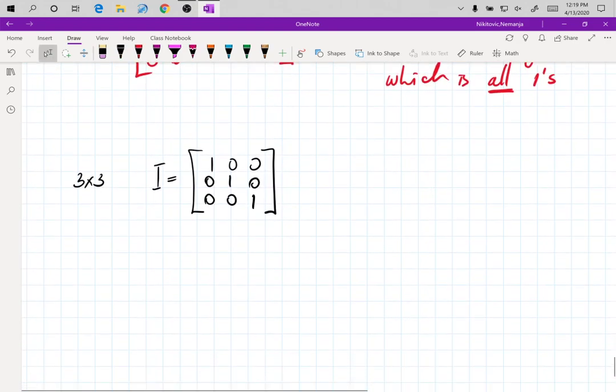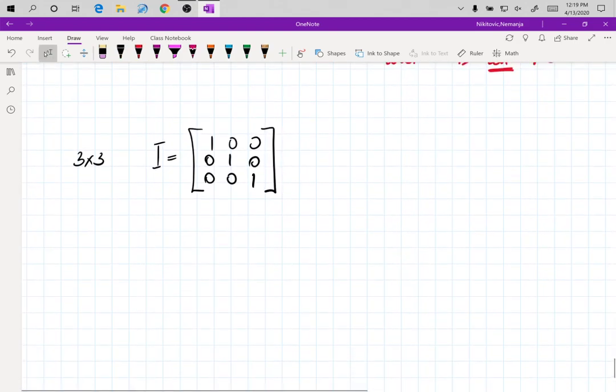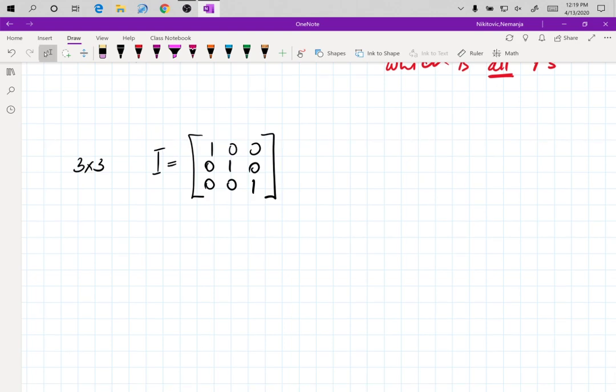Some of the properties that we need. Well, let's write it.